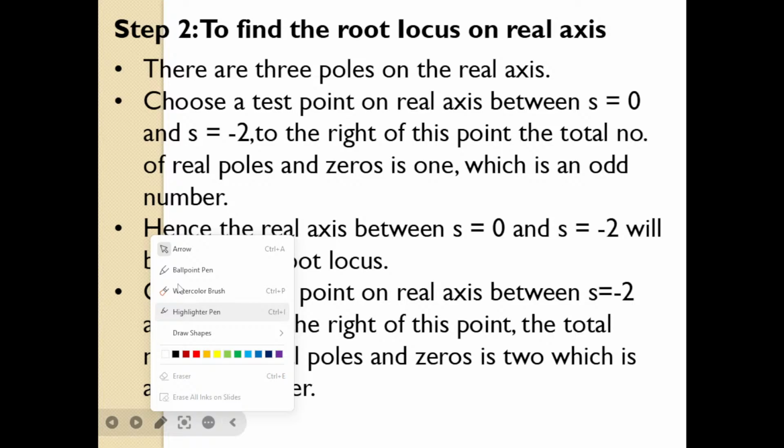Consider a test point on the left side of the real axis and look towards the right. Sum of poles and zeros on the right side is an odd number, that is only one pole is there. So therefore there will be a root locus between P1 and P2.